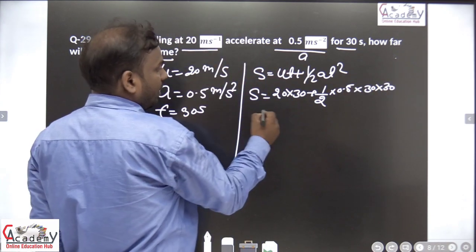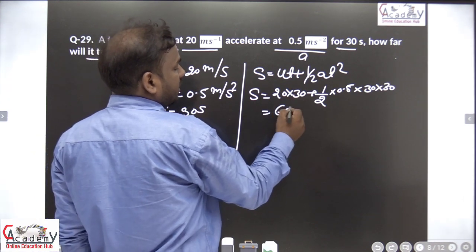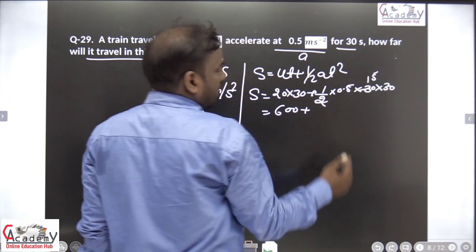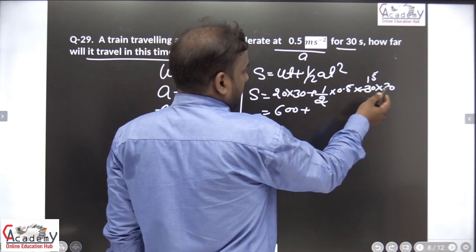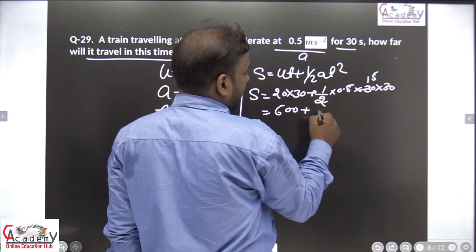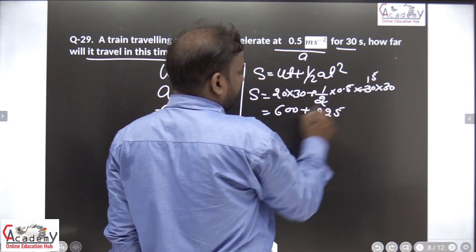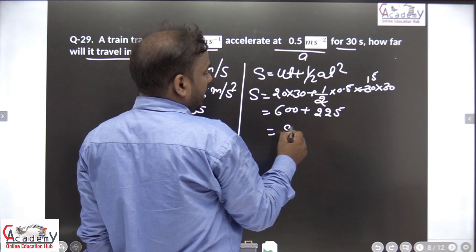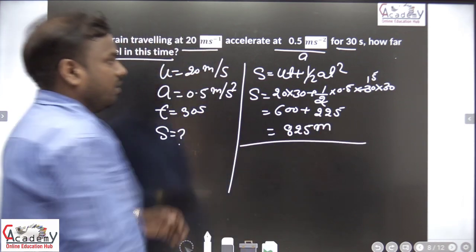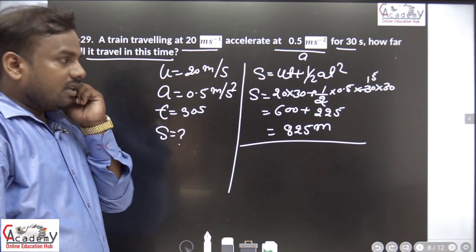We got 600 plus 225, which means 825 meter. That's your answer. Is that clear?